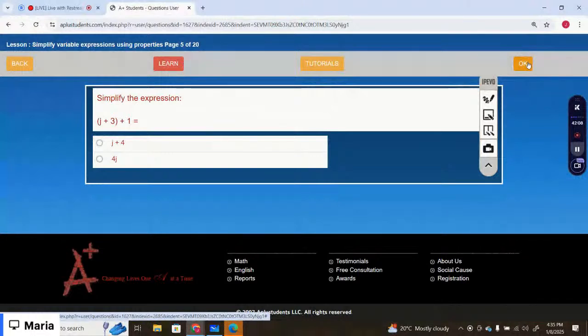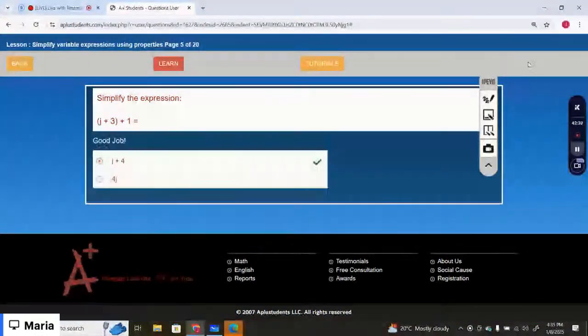Simplify the expression. Which is the correct option? That is j plus 4.